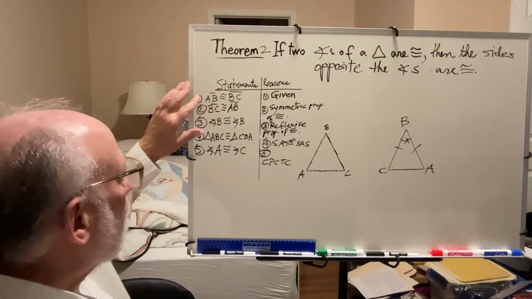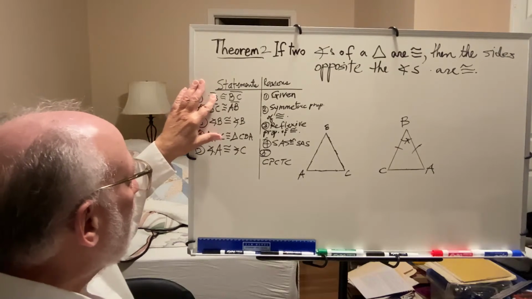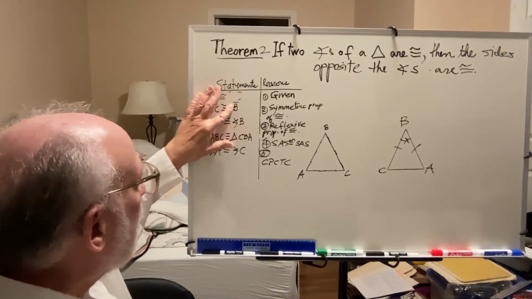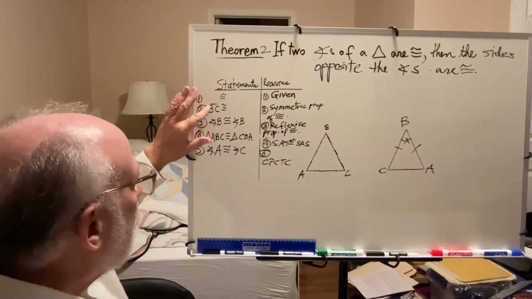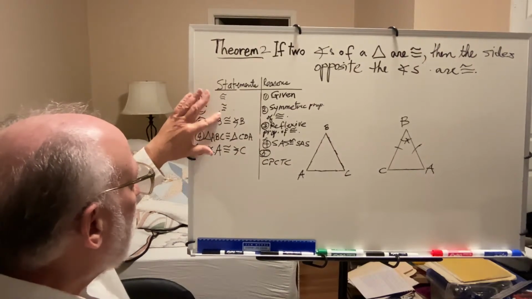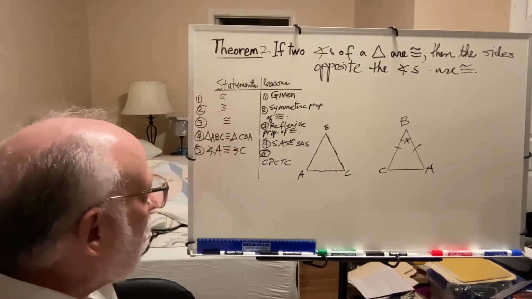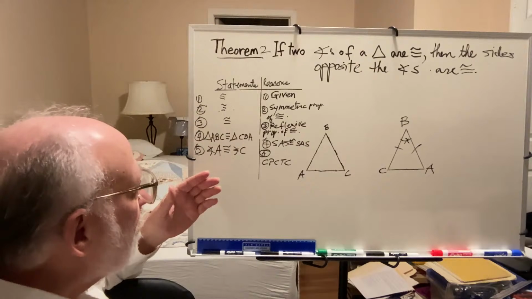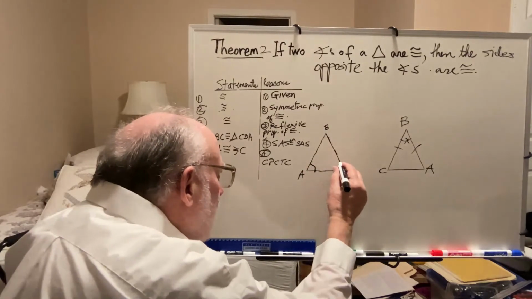Now, what we're given is that two angles of a triangle are congruent.